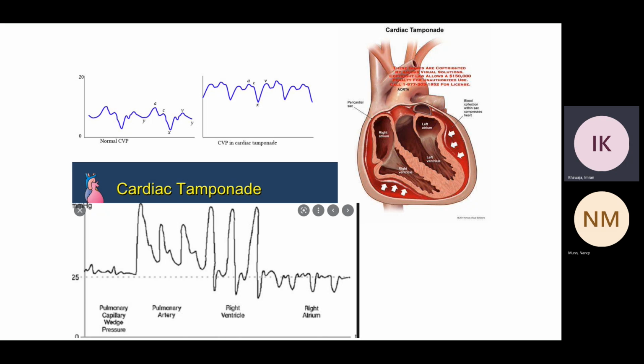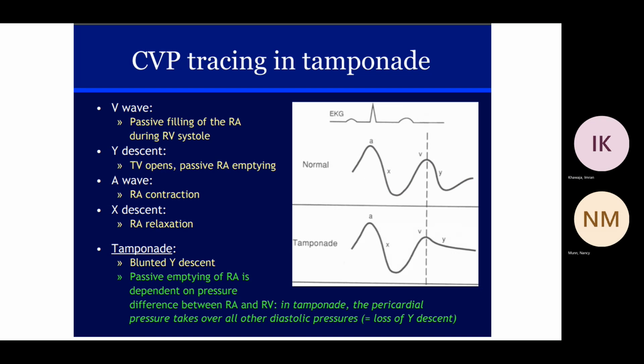So near equalization of the pressures, the elevated pressures with equalization, and again different from constrictive pericarditis, you have a blunting of the Y descent here. That has to do with the pressure outside in the pericardium attenuating the blood flow from the atrium to the ventricle.